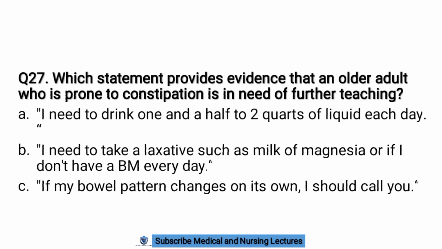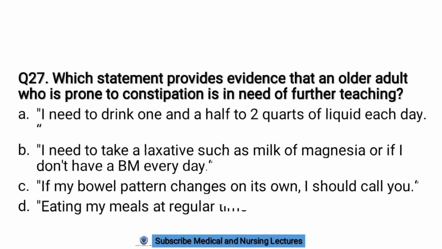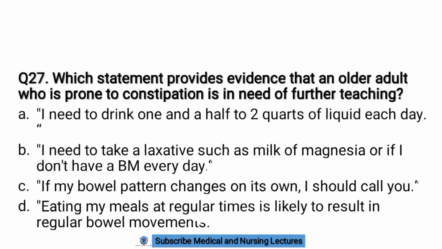Option C. If my bowel pattern changes on its own, I should call you. Option D. Eating my meals at regular times is likely to result in regular bowel movements. Here, option B is the correct one. If a patient is telling you that I need to take a laxative such as milk of magnesia if I don't have a bowel movement every day, this kind of patient needs further teaching.